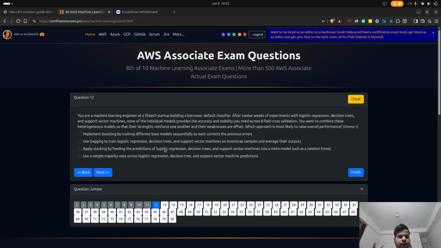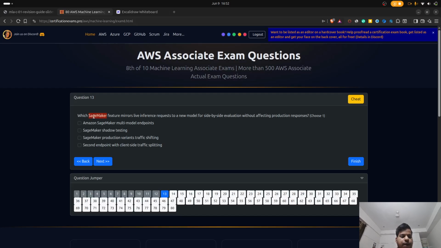Use bagging. Averaging should not be an option. Apply stacking by feeding the predictions of logistic regression. I think the first one is the most appropriate option I can think of.